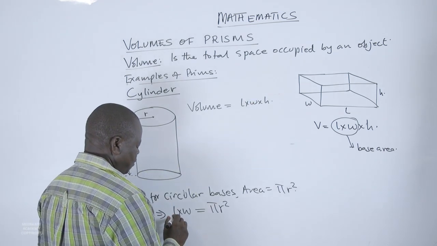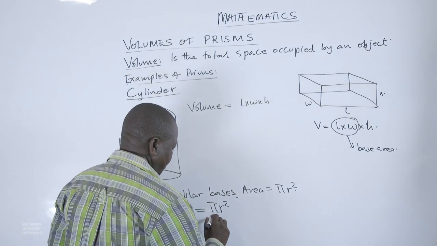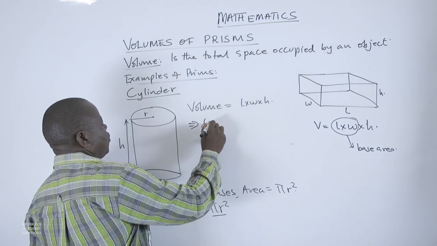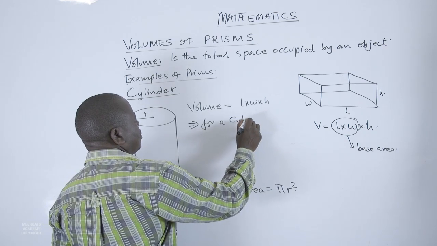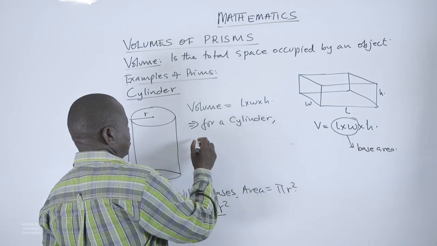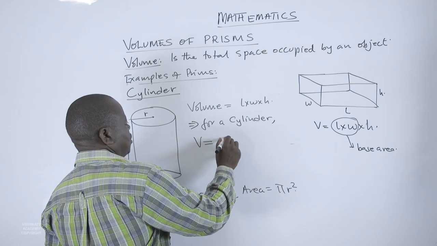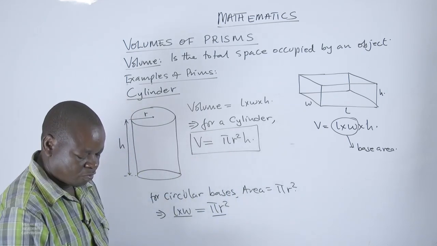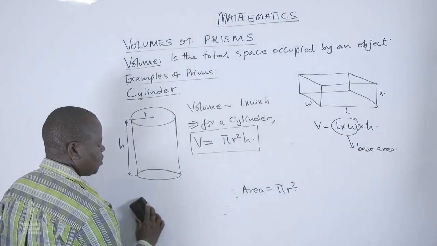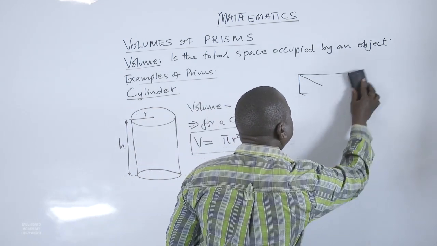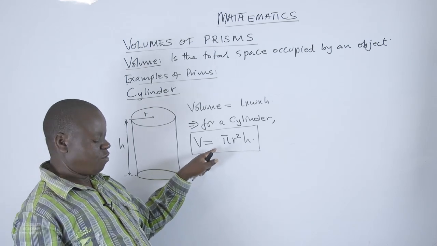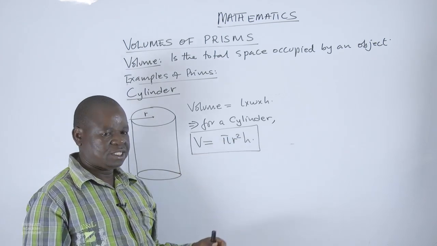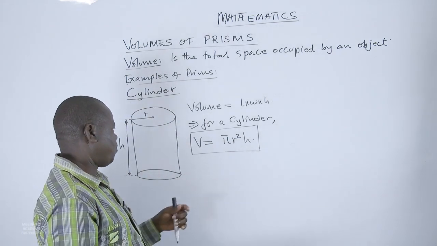Because this defines base area, and our base area is circular, and therefore defined by pi r squared, it implies that for a cylinder, volume is equal to pi r squared h, and therefore we are now able to calculate the volume of any cylinder if given the dimensions.